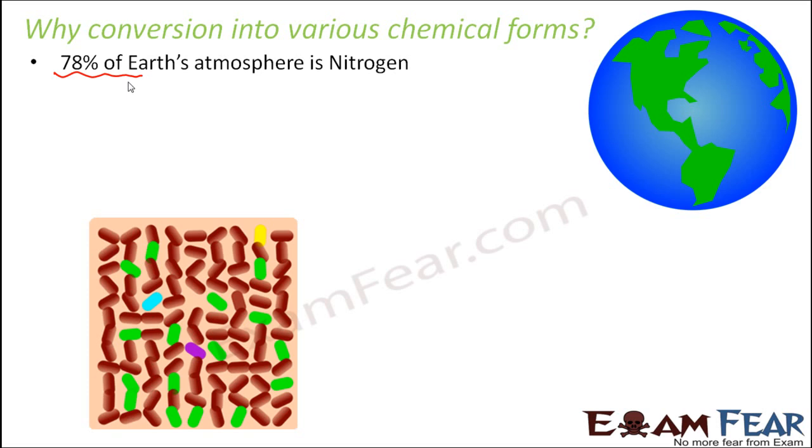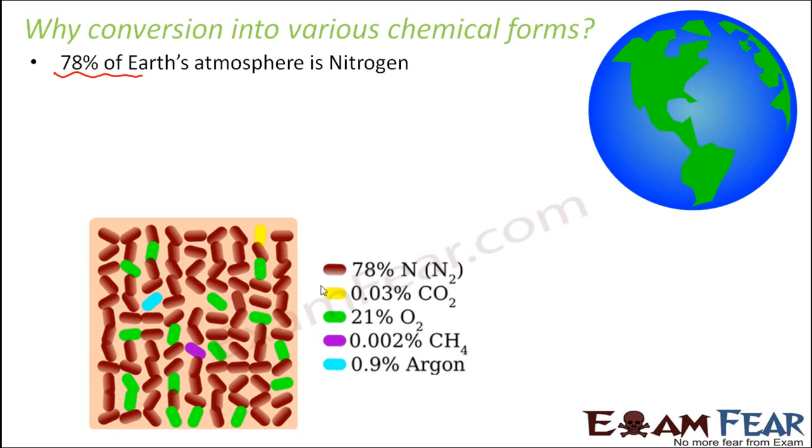In this picture, wherever you see the maroon brown capsules, they represent nitrogen. The denominations are: maroon is nitrogen, carbon dioxide is yellow, green is oxygen, purple is methane, and argon is blue. The number of brown capsules is very high compared to all other gases.